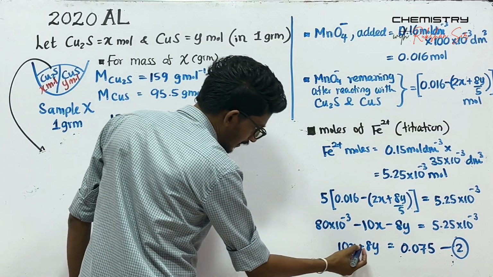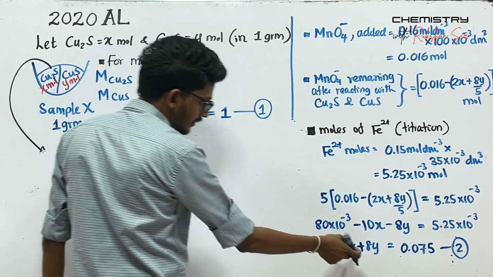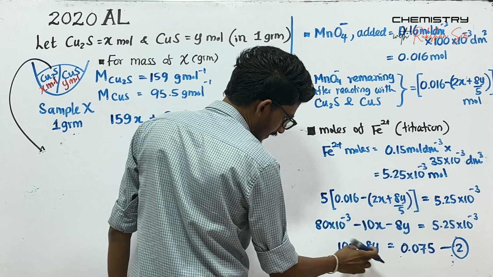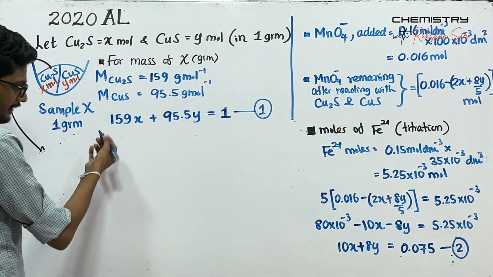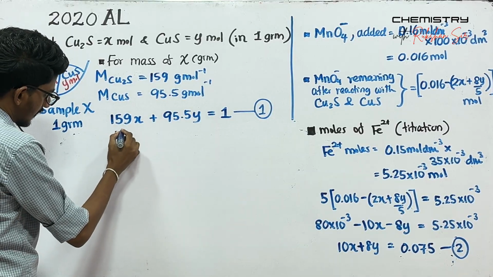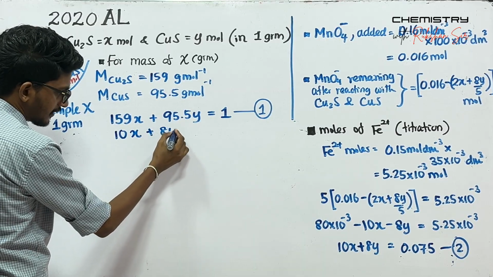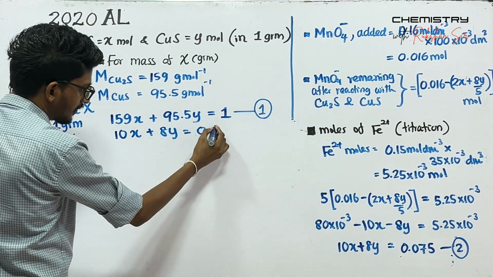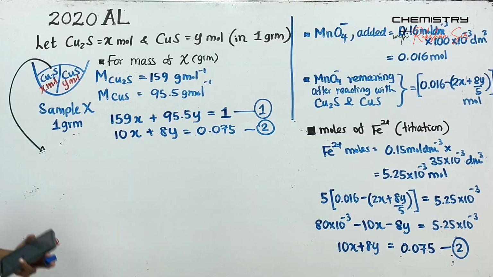Sorry, this is going to be plus, right? 10x, and going to the other side, it is going to be 8y, no? Plus, right? Okay, so the second equation is then 10x plus 8y is equal to 0.075, right?